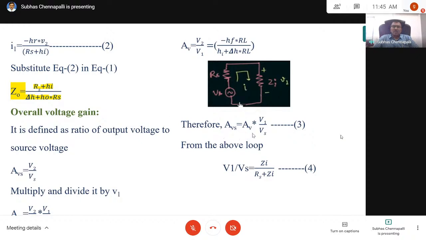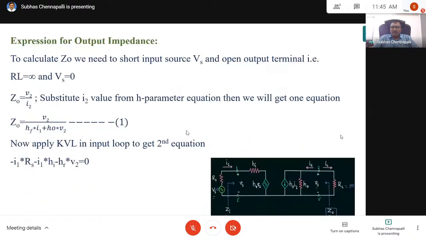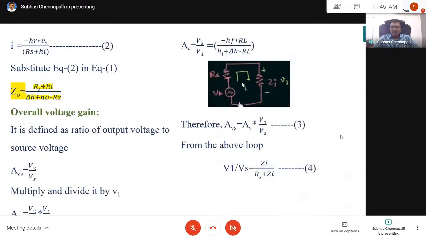AVs is equal to AV times V1 by Vs. The entire input circuit you can replace with Zi, so you get RS in series with Zi connected to the source. What is required is the voltage across Zi, that is V1.